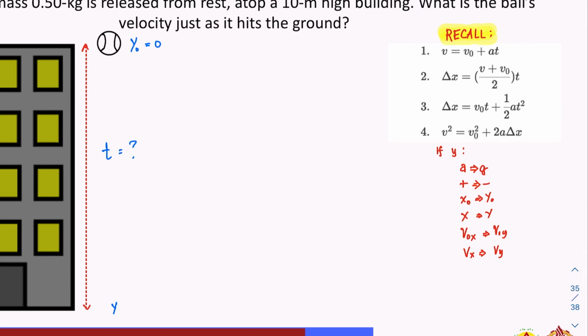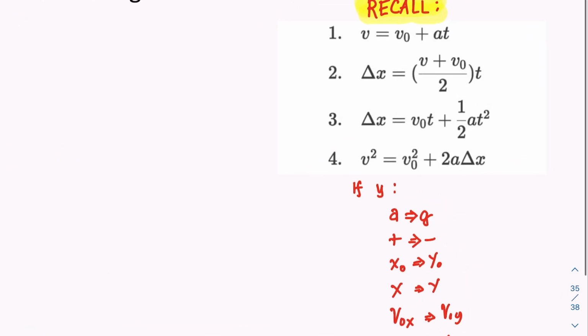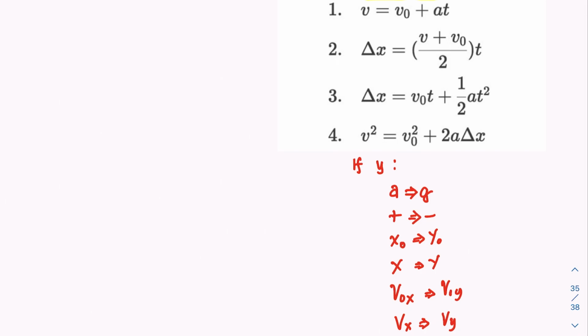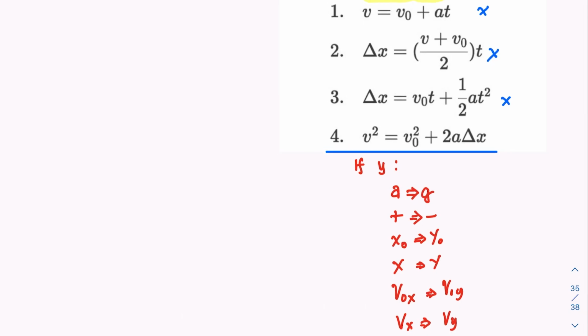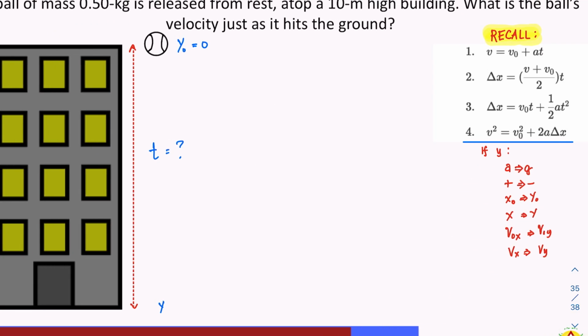It's not given, so I will try to repudiate the equation that has time. So try to get away from that. Okay, nope, nope, nope. So the only sensible equation that I could use is this equation. There's only one equation without time if you forget about that. So I'm going to use that one, equation 4.